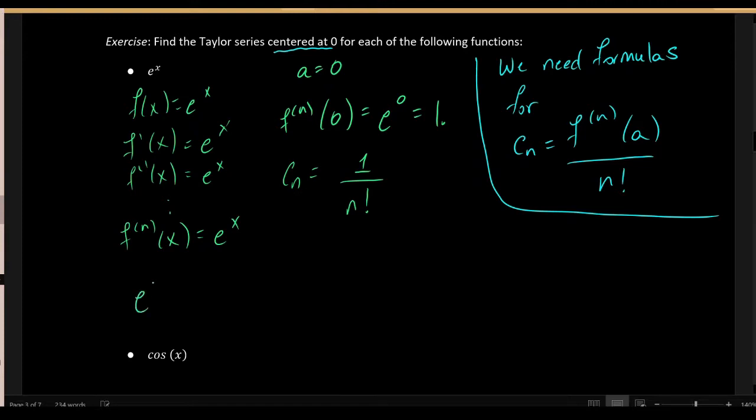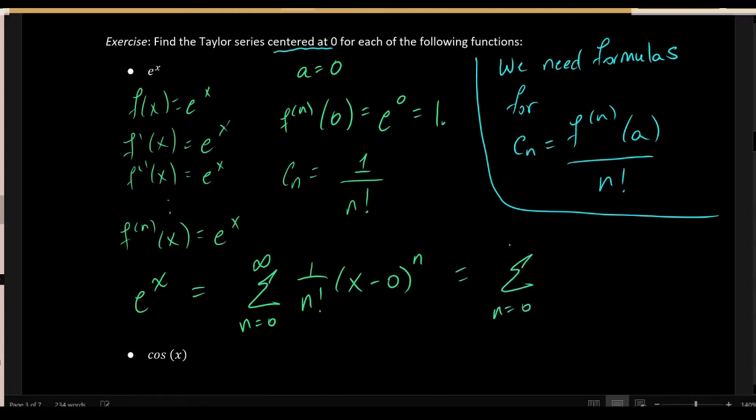The function e to the x is equivalent to the Taylor series, sum from 0 to infinity, where the nth coefficient is equal to 1 over n factorial, and then multiply that by x minus the center to the power n, which can be simplified. The sum from 0 to infinity is simply x to the power n divided by n factorial.